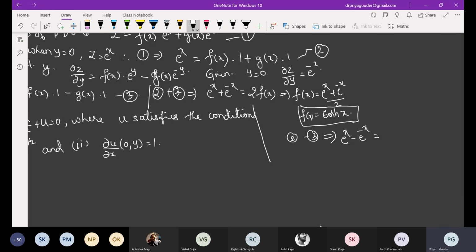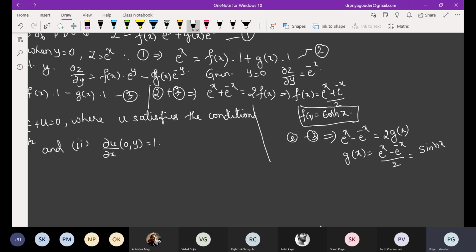G of x minus of minus g of x is 2 times g of x. So what is g of x then? Can you tell me what this is representing? Sine hyperbolic x. So don't forget, if minus is there, it is sine; plus is cos.